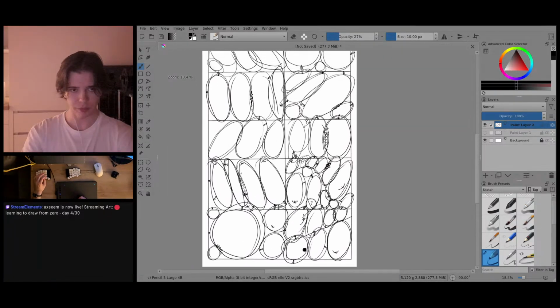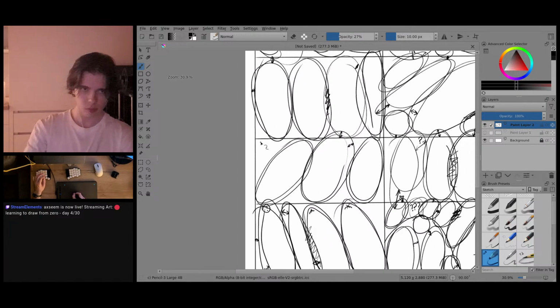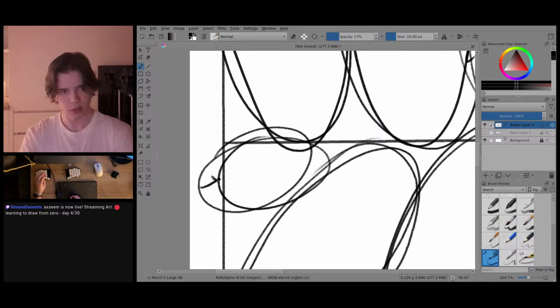But anyway, there's a little bit of small circles. Yeah, it sucks.